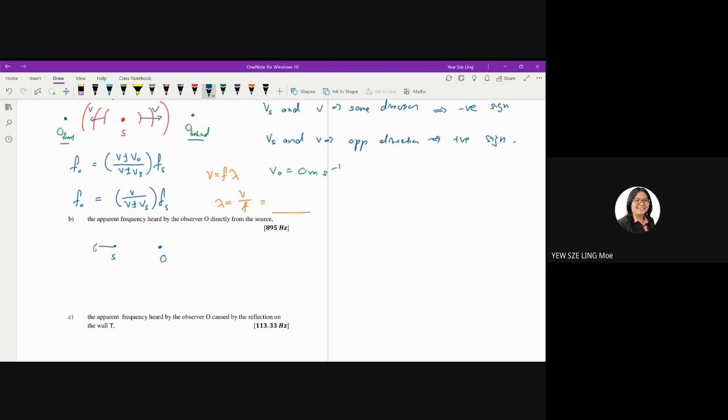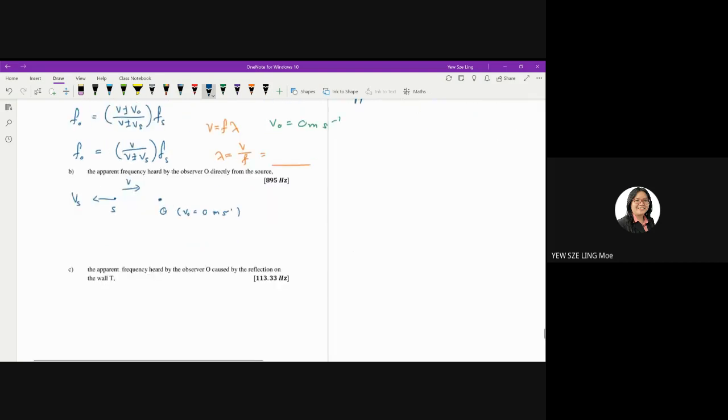The source is moving to the left and the sound is going to the right. Sound always travels from the source towards the observer. According to the question, VO is not moving, so VO is equal to 0 meters per second. So that is how you solve question B. Basically, you just rewrite what you have already calculated in question A.